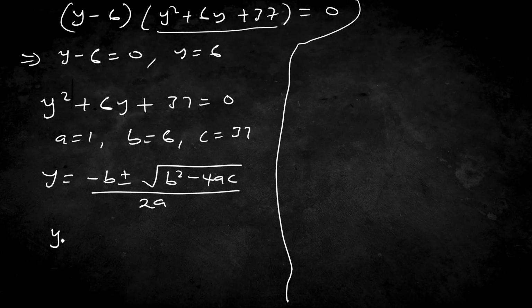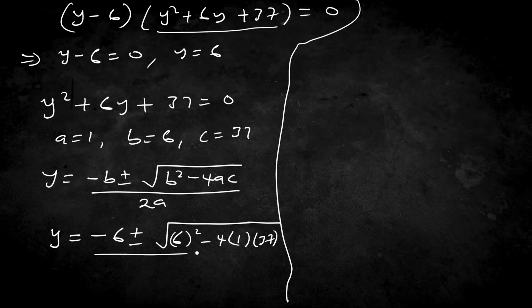So we have y equals minus 6 plus or minus the square root of 6 squared minus 4 times 1 times 37, on 2 times 1.